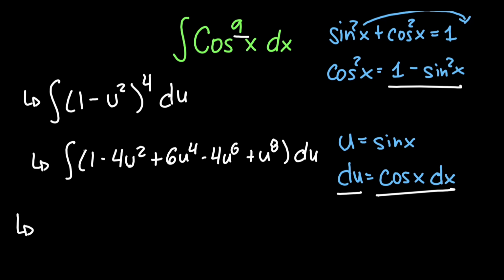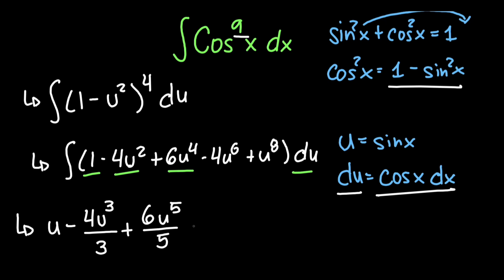So first, the integral of 1 du. This is simply u. Since this is negative, put negative here. The integral of 4u squared du would be equal to 4u, 2 plus 1 would be 3, and divide this by its exponent, plus the integral of 6u to the power 4 du would be equal to 6u to the power of 5 over 5, minus the integral of 4u to the power of 6 would be equal to 4u to the power of 7 over 7.